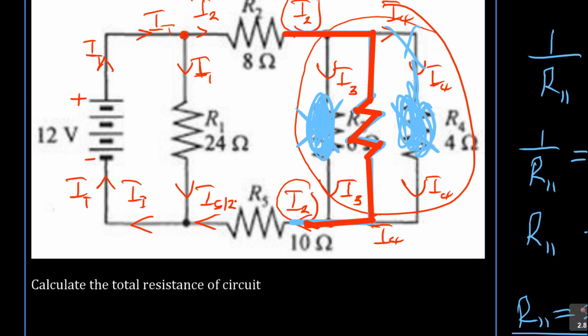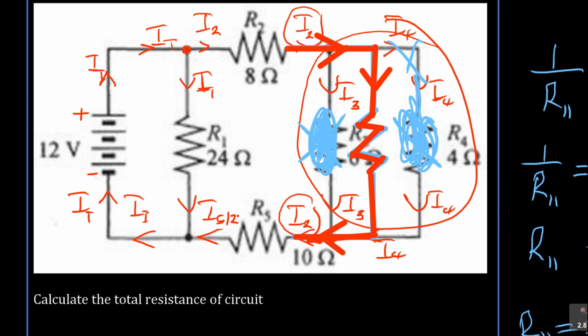But now look at this. When you follow the flow of current, this is still my I2. This is my I2, now going into I5. Now look at this: the resistor R2 has got the same current as this resistor, which is a combination of that parallel, as this resistor. So do you see that these resistors are now in series?